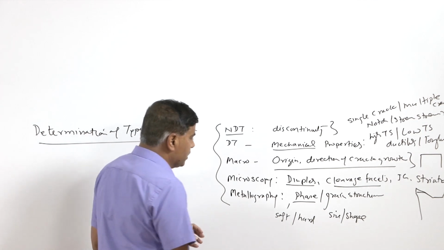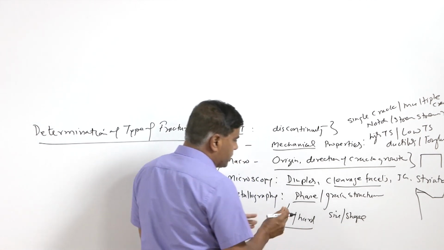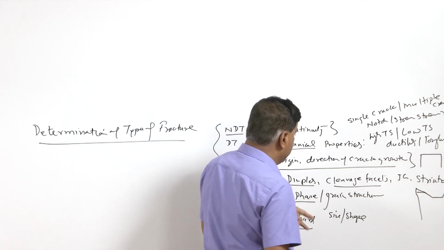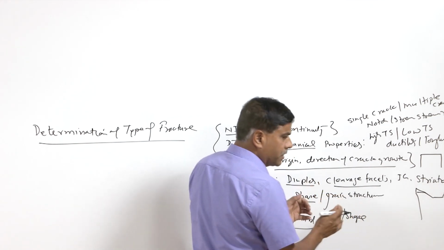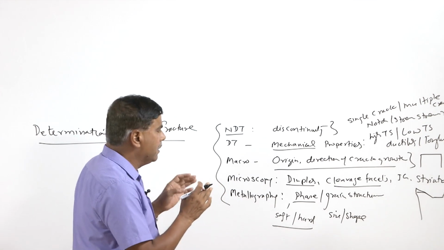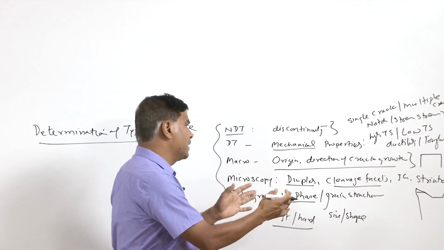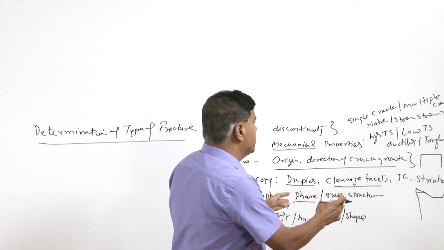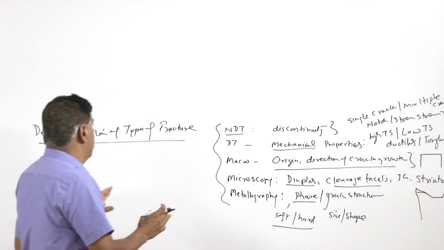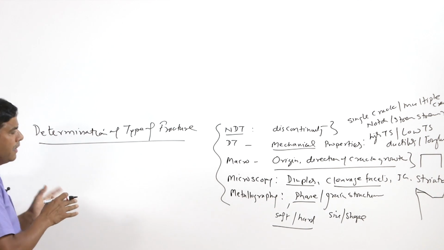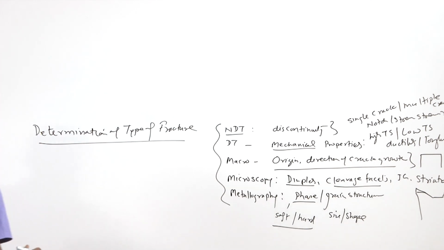So information about the microstructural aspects, meaning the phase structure and the grain structure combination, is used to determine the type of fracture in a comprehensive manner.